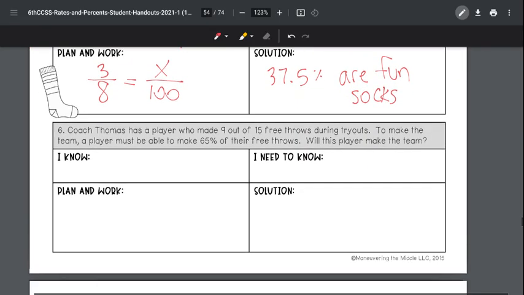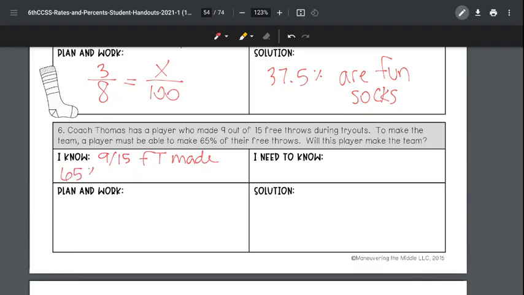Last one. Coach Thomas has a player who made 9 out of 15 free throws during tryouts. To make the team, a player must be able to make 65%. Will the player make the team?